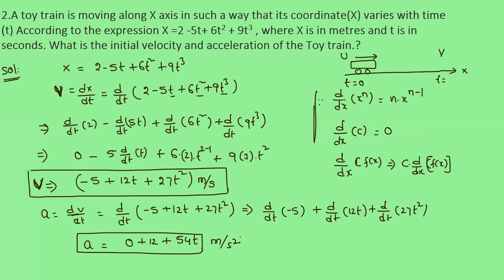Suppose at t equals 3 seconds, wherever t is there, you substitute 3, and you will get the velocity and acceleration at 3 seconds. At 10 seconds, you substitute 10 in the v equation to get velocity, and in the acceleration equation to get acceleration. Like this we can solve.